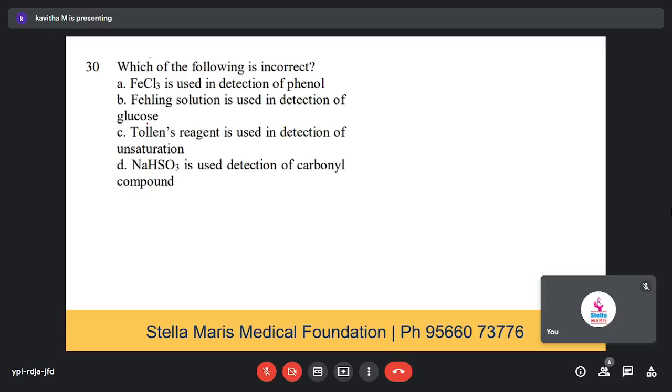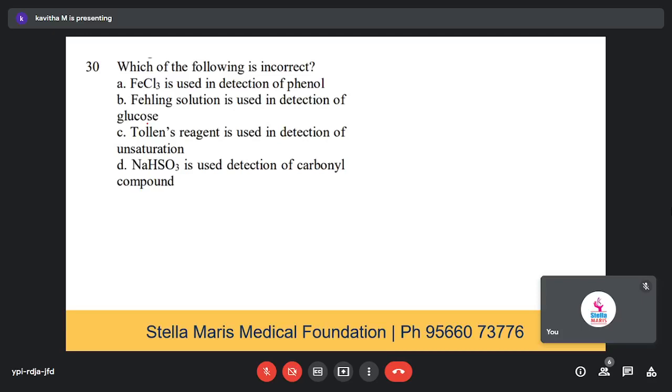And this is not used for the detection of unsaturation. For unsaturation, we add bromine water or KMnO4 solution to find out whether your compound is saturated or unsaturated. So Tollens reagent is used to detect glucose and to differentiate aldehydes and ketones, not for unsaturation.